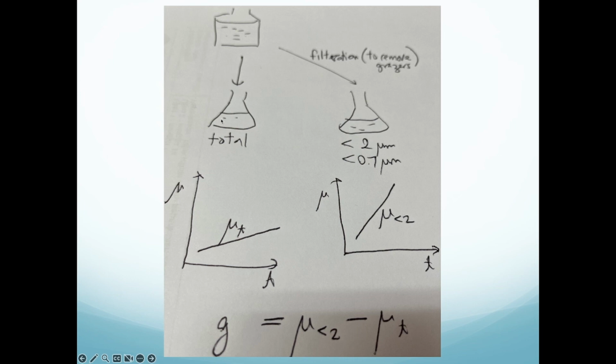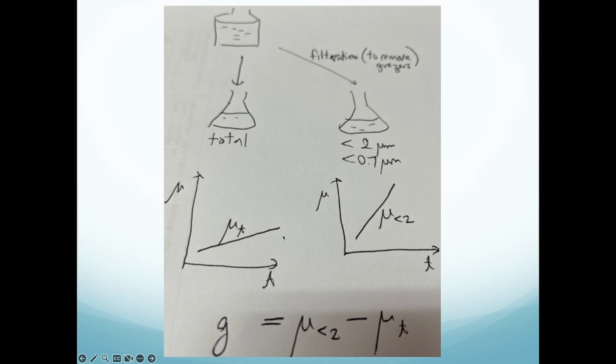So what we have here is a portion of the sample where we have bacteria and the grazers, and another portion where we have bacteria alone without grazers, at less than 2 micron. So when we plot the change in bacterial abundance on the y-axis over time, we will obtain a positive slope, which can be denoted as mu of growth rate.